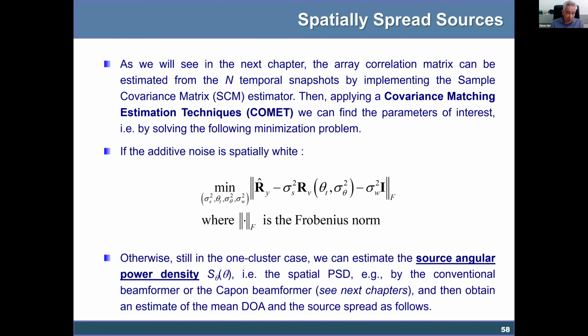A typical method to estimate these two parameters is a method that is called covariance matching estimation technique, COMET. And basically, it's a method that is inspired by the well-known linear least square method.